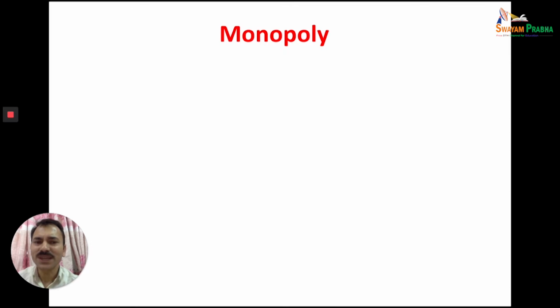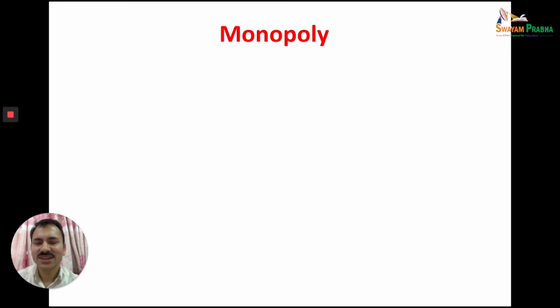Since the monopoly is the only seller in the market, it has neither a rival nor direct competitors. For example, if you get your electricity from one agency only, that is the electricity board, or you travel by railway train owned and run by the Government of India, these are some examples of monopoly.